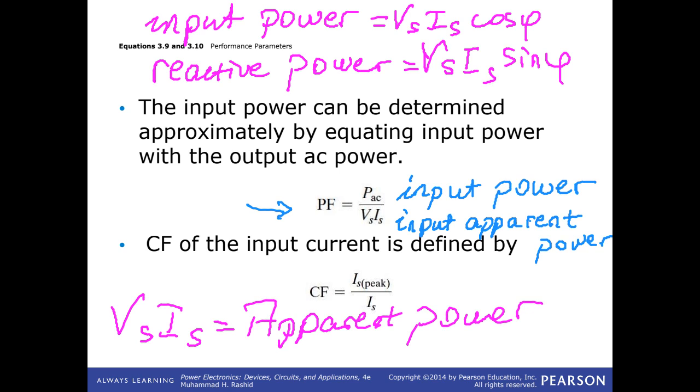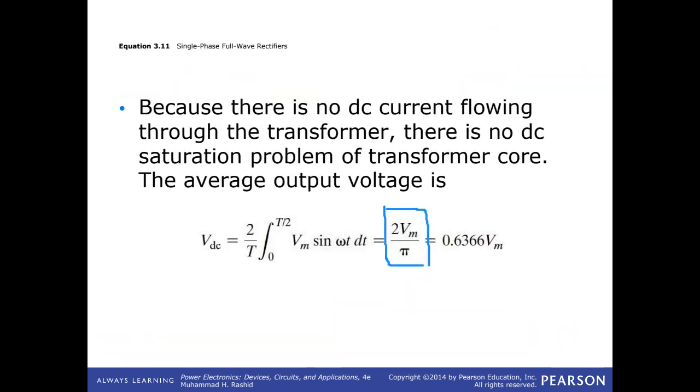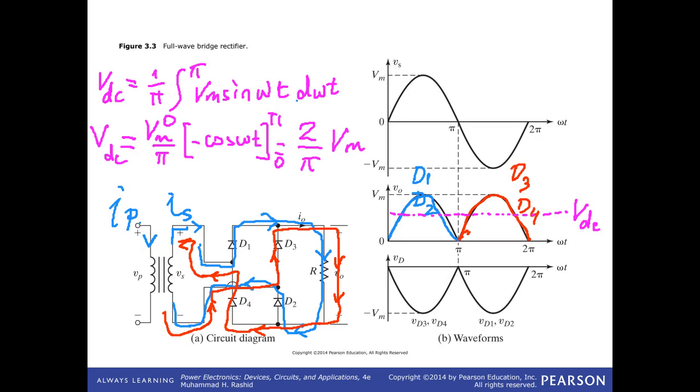But in general, in a pure sine AC network, input power is equal to Vs Is cosine phi, and the output reactive power is Vs Is sine phi. So if I come back here, that is the one. We prefer pure DC as far as DC is concerned.